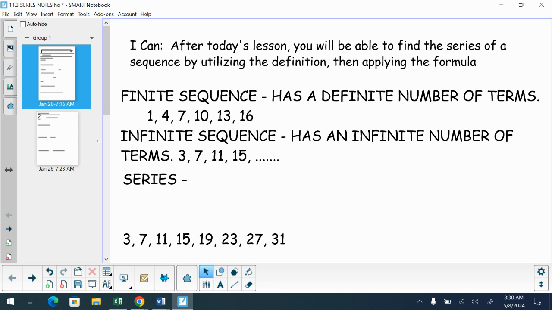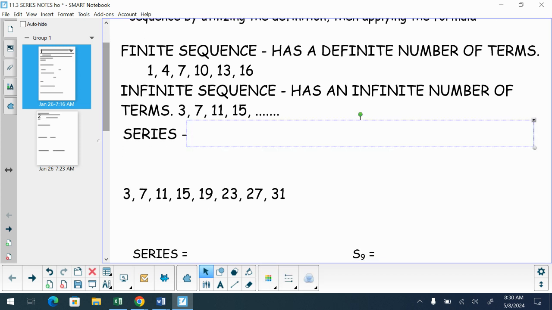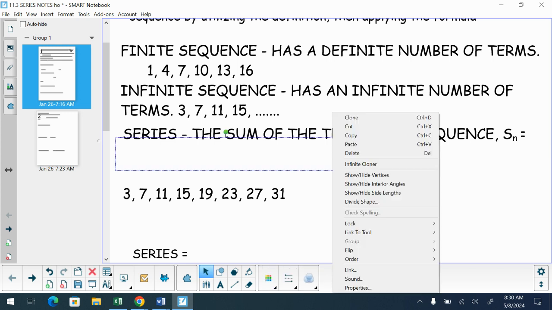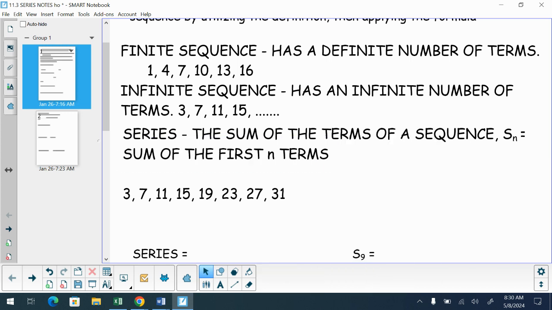Well, when we talk about a series, it deals with a sequence. But when you talk about a series, it's the sum of terms of a sequence. You add up all your terms of the sequence.